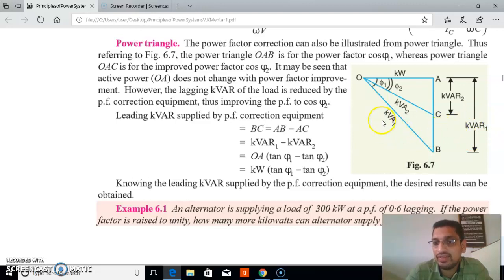kVA1 is the apparent power before the power factor correction.